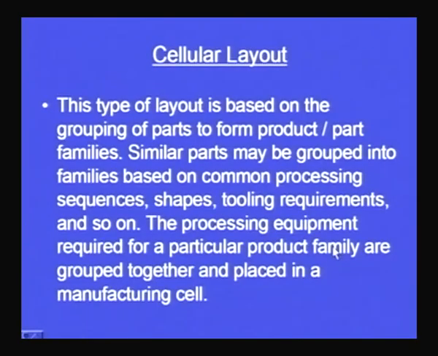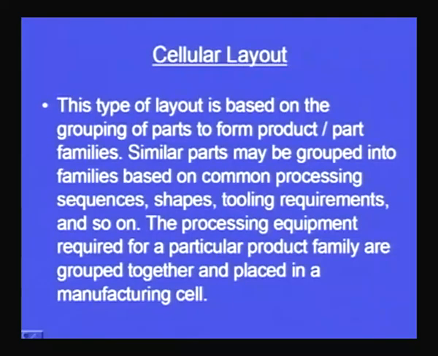Now, we come on to another important subject, that is the kind of layouts that we are going to use. Just to briefly summarize what we have already covered in types of layouts, we have covered that there are 3 important types of layouts that exist in any manufacturing plant. What are these 3 types of layouts?